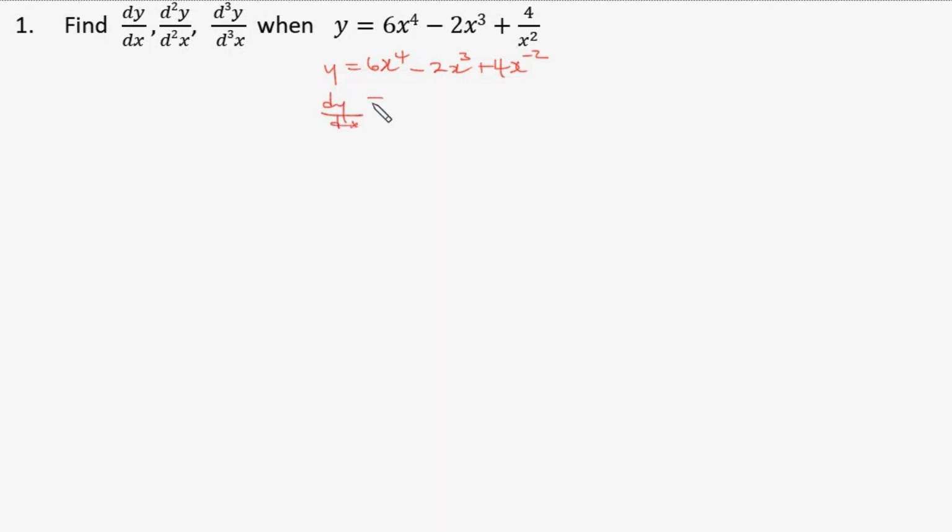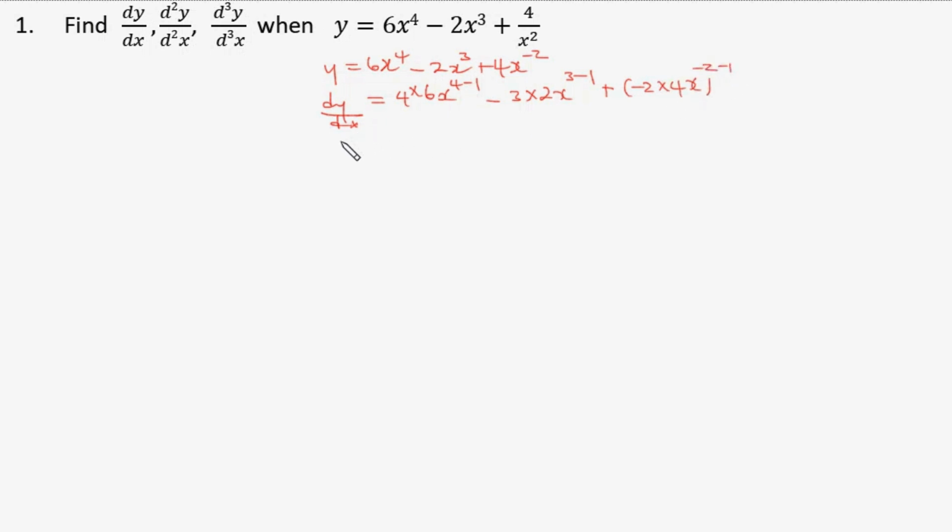is equal to 4 times 6 x raised to the power 4 minus 1, and then minus 3 times 2x to the power 3 minus 1, plus bracket minus 2 times 4x to the power minus 2 minus 1.